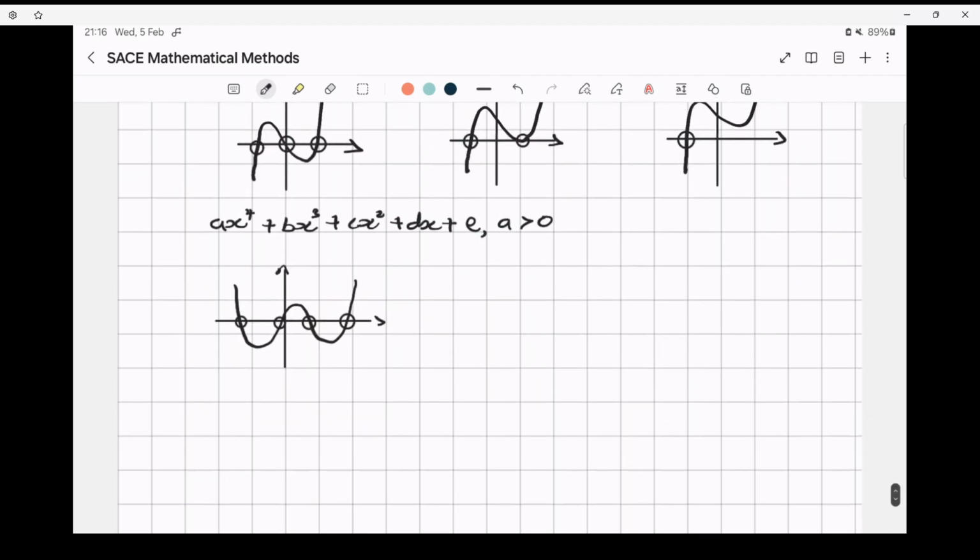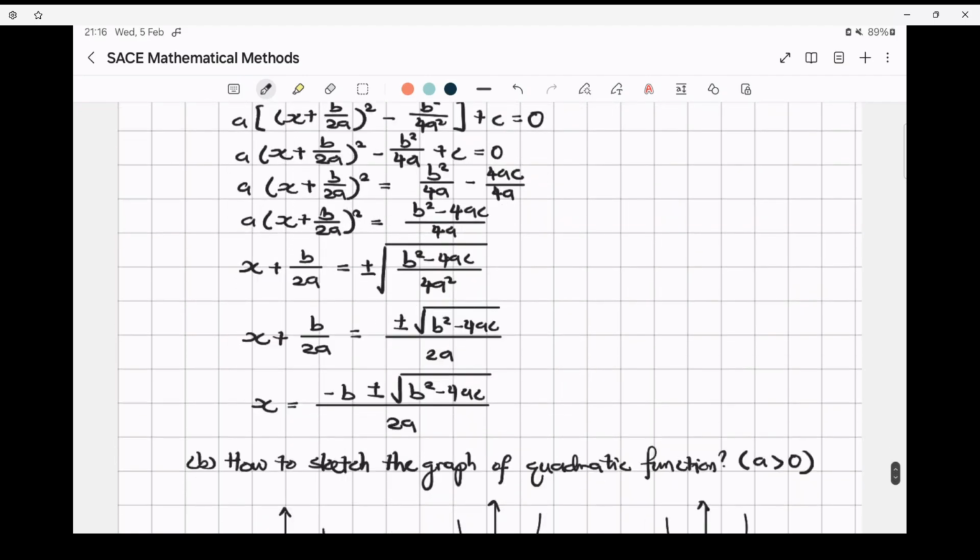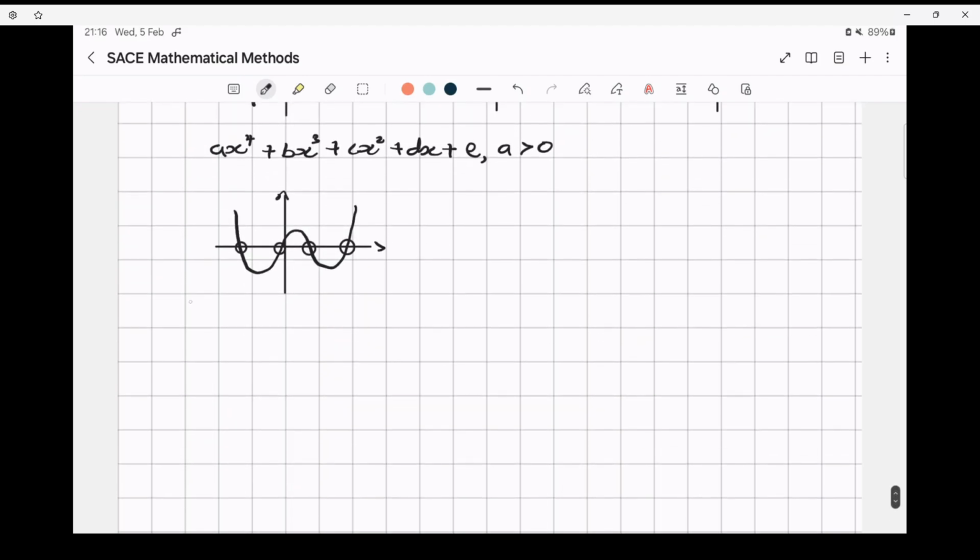The second type of function that is kind of important over here is exponential and logarithm functions.